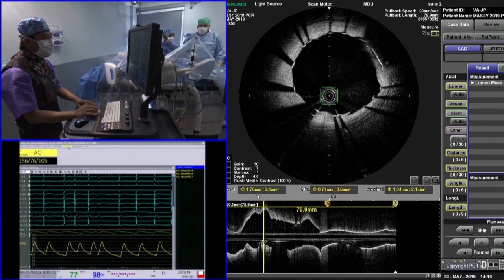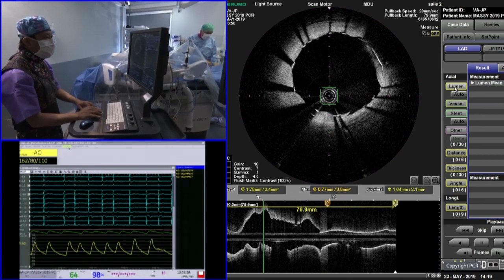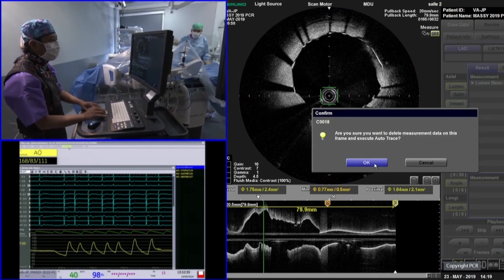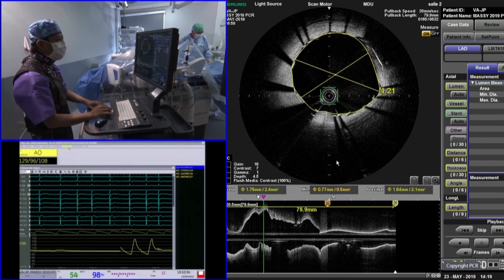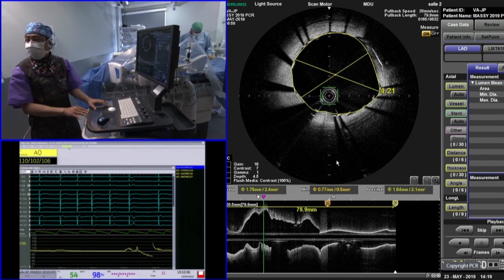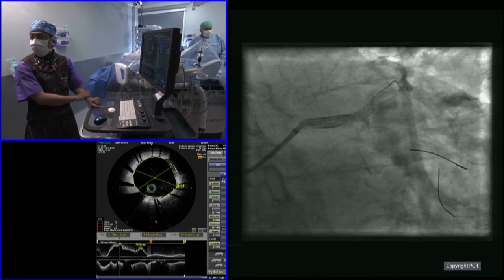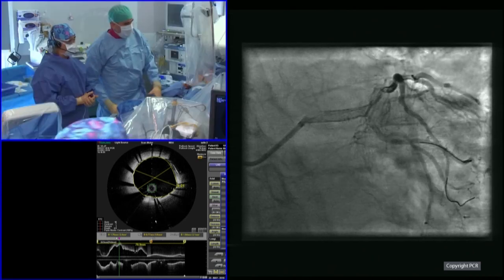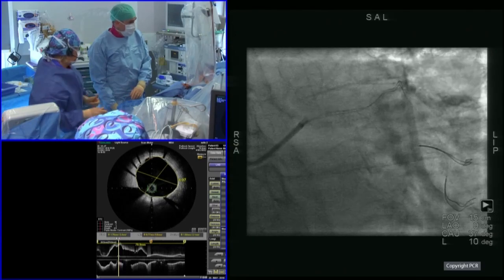The only thing to think about is whether we need to make another post dilatation at the distal part of the stent. Okay, and let's do maybe a spider view.